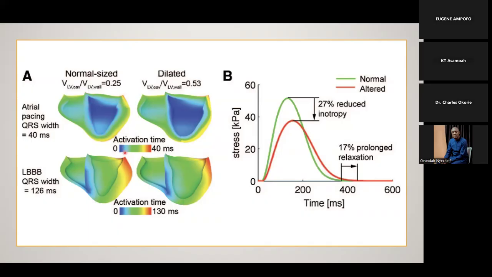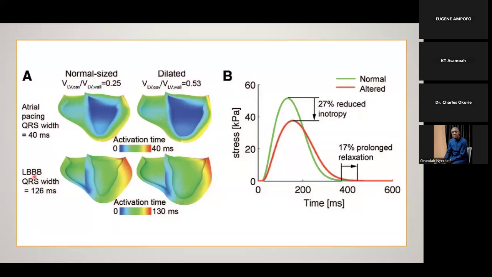So here we see the activation time. So looking at the septum, that's a light blue over here, and the light blue goes all the way to the posterior wall. And you see that over here as well. So then there's adequate activation. So you still have the septal and posterior walls or free walls contracting together, so it ejects blood out.